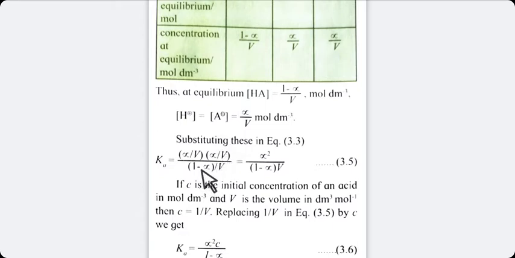And when you simplify this, the formula will become alpha square upon 1 minus alpha into V.